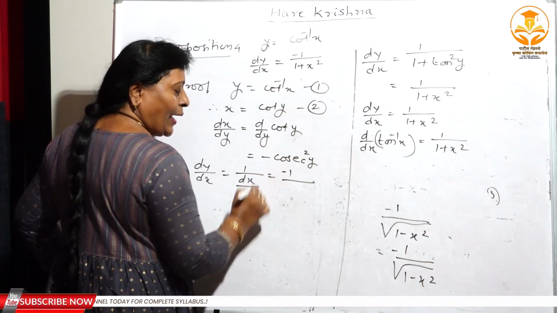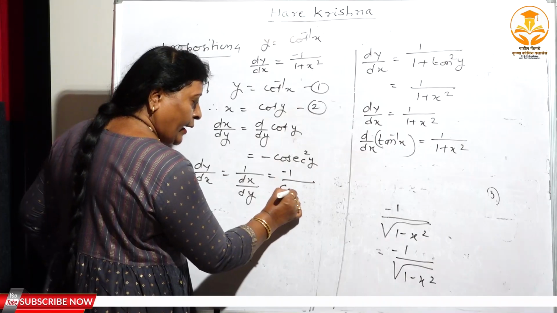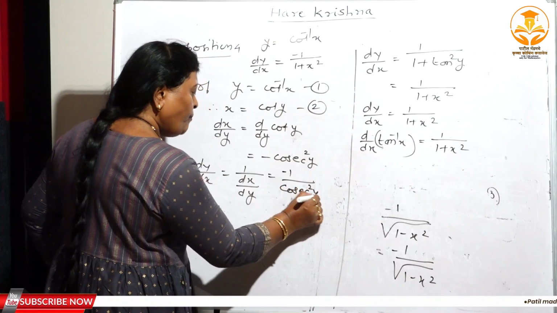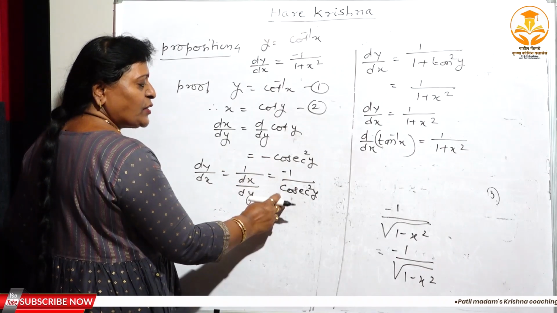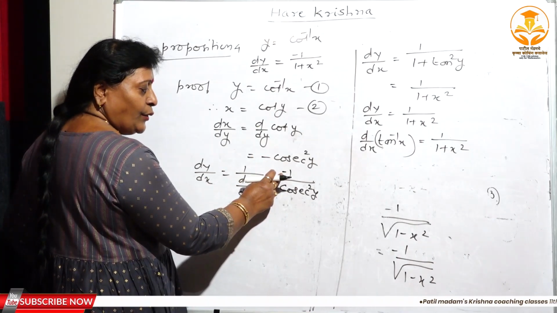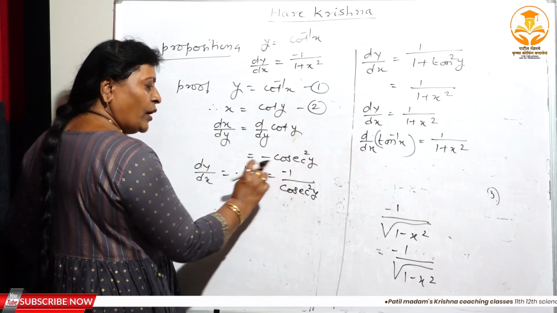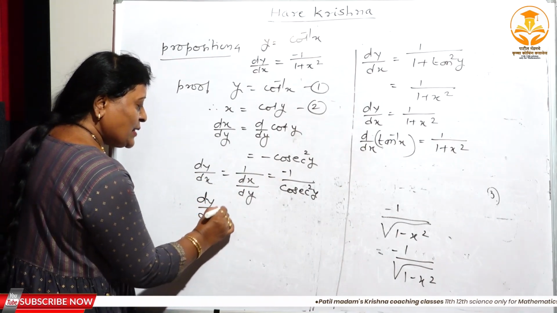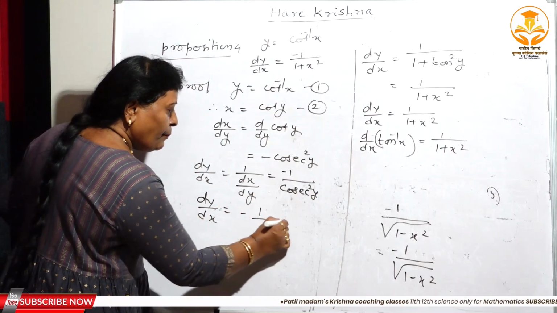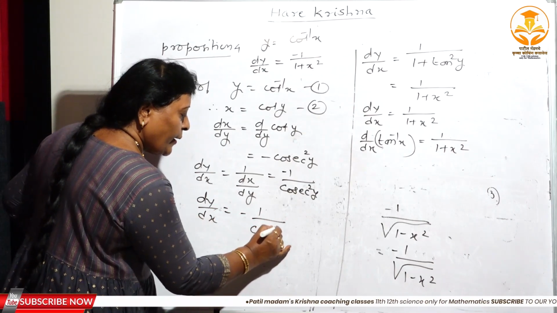Therefore, I write it in the numerator, and here the cosec square y, because dx divided by dy is minus cosec square y. Therefore, dy by dx is equal to minus 1 upon cosec square y.